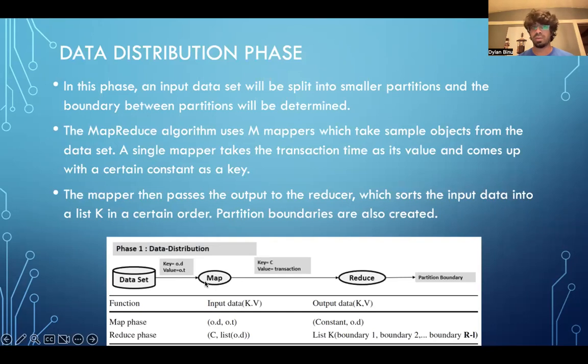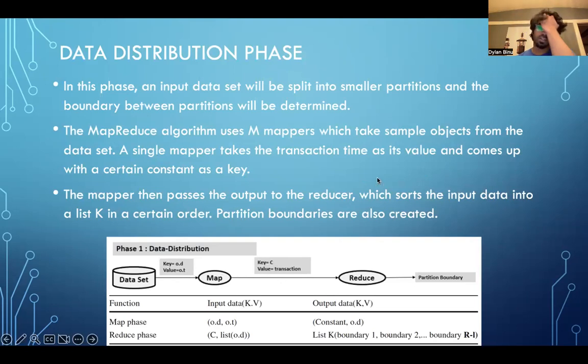It takes a set of sample objects, and then a single mapper takes a transaction time as its value and comes up with a certain constant as a key. So when the data comes out of the mapper as a primary key, you will have a particular constant that the mapper assigns to the transaction.